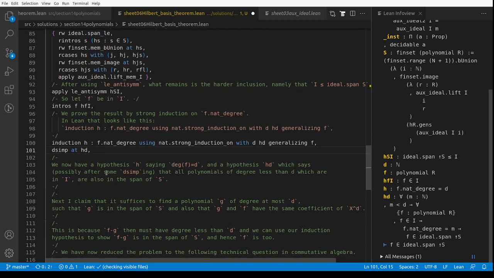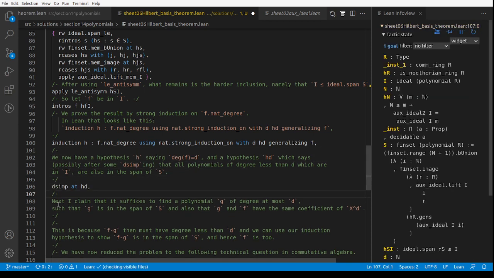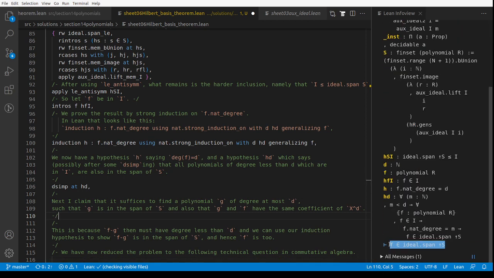So that's the idea. We now have a hypothesis h saying the degree of f is d, and a hypothesis hd says that, right, yes. I see. So in fact, we can put that dsimp there if we like. So how are we going to prove this? The idea is we've got a polynomial of degree d. I'm going to create a new polynomial g, which will also have degree d, and it will have the same leading coefficient as f.